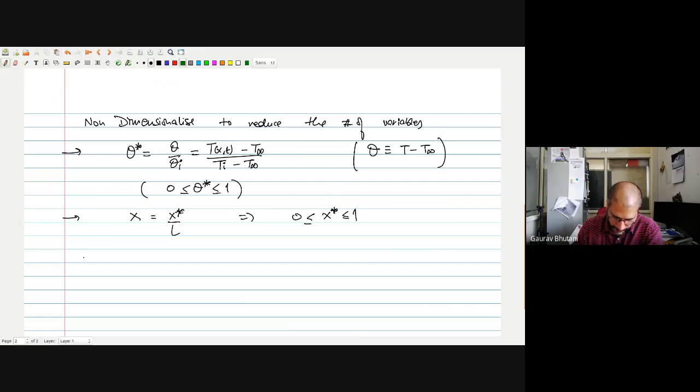And then we also defined a non-dimensional time, which we called T star.